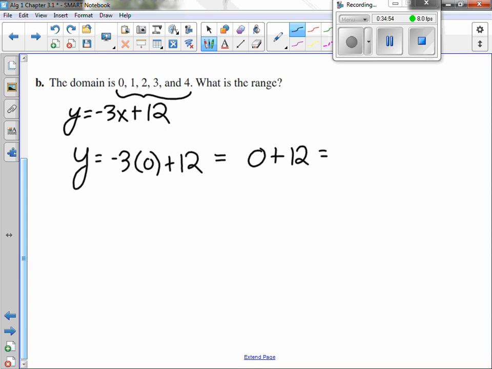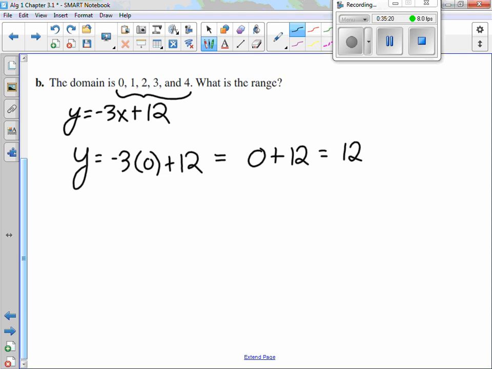Anything times 0 is 0. And 0 plus 12 is 12. So one of our range values is 12.